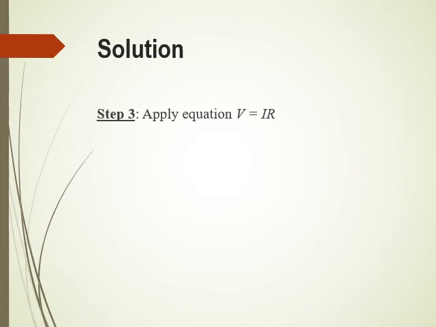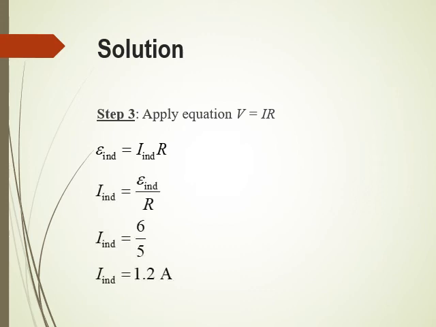Even though we are looking at induced EMF, we can still use this equation, as long as both V and I are induced values. So induced EMF equals induced current times R. Rearrange the equation and substitute the values, and you will get an induced current of 1.2 ampere.